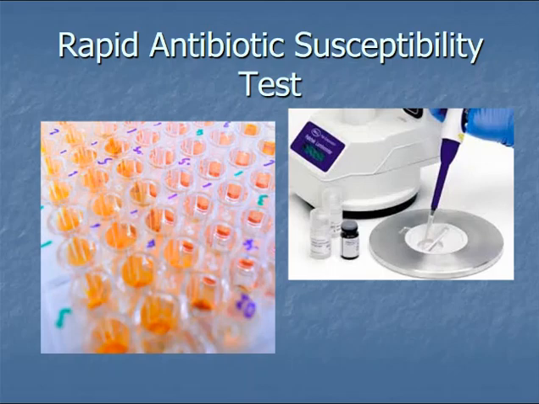To those, they can add just a small amount of the agent that we're testing, the infectious agent, into each one of those, and then they allow that to incubate and watch for a color change. The ones that have growth will have a color change. The ones that do not would be the ones that were effective against that microorganism.